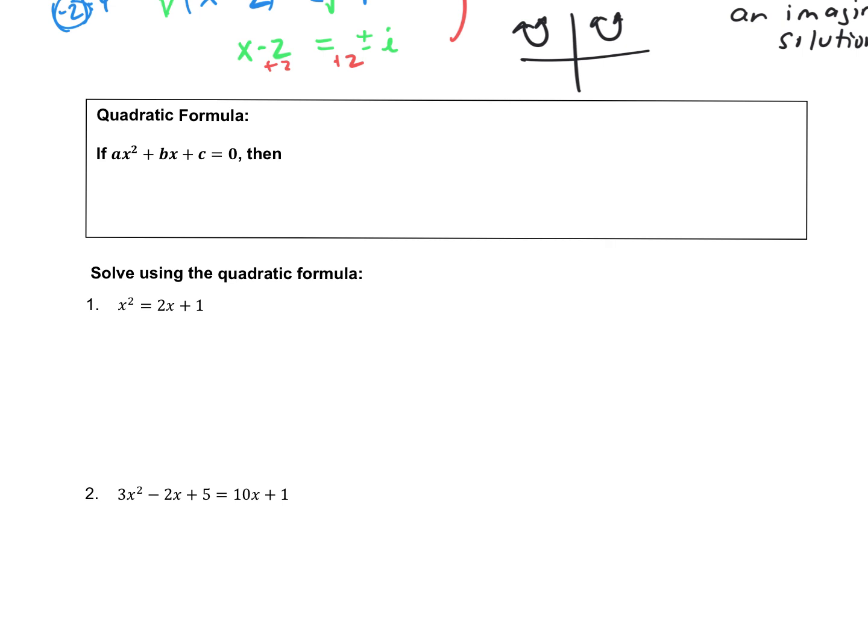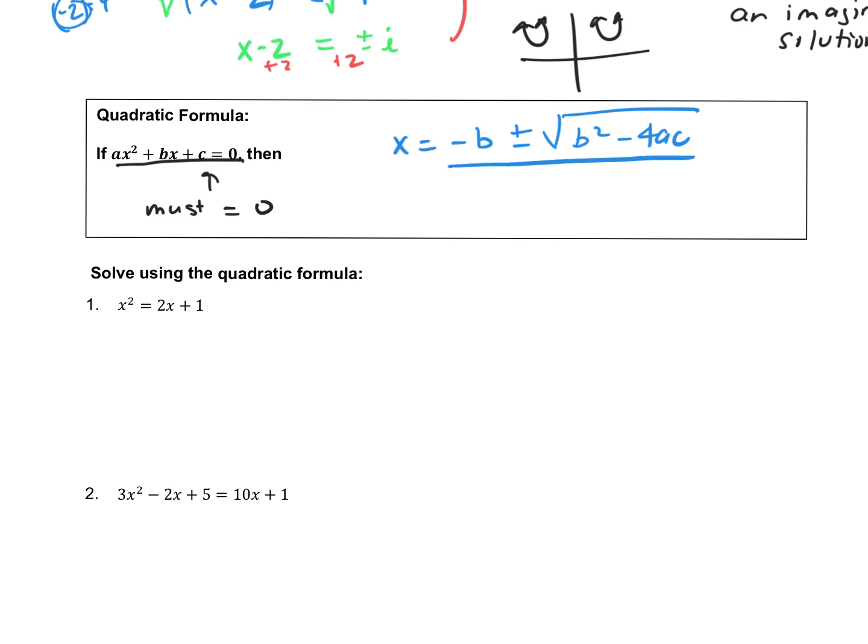First, we have to have the thing in standard form, so this must always equal 0. So now we're going to use the quadratic formula. The quadratic formula is x equals -b plus or minus the square root of b squared minus 4 times a times c, all divided by 2a.